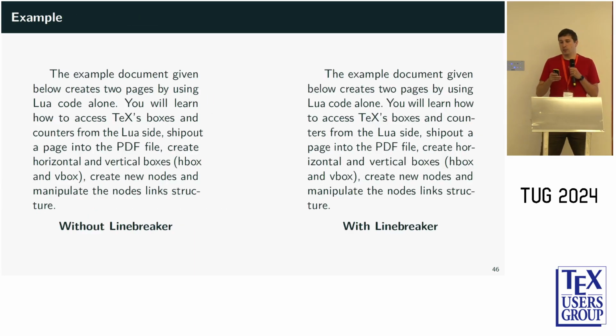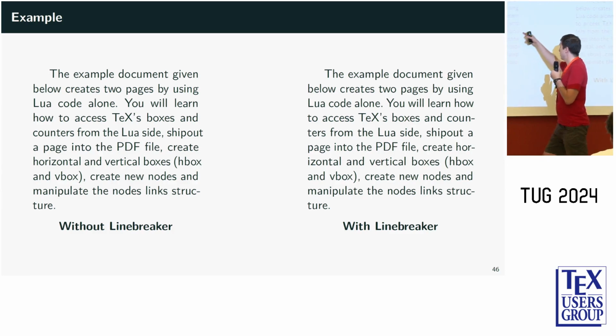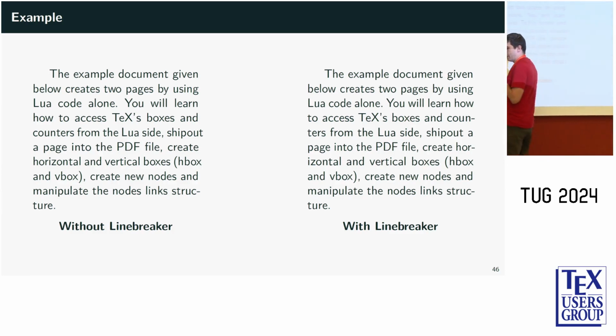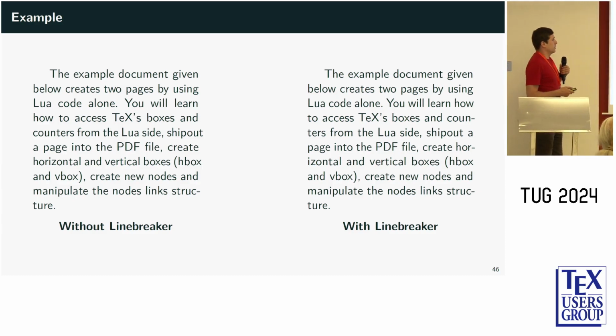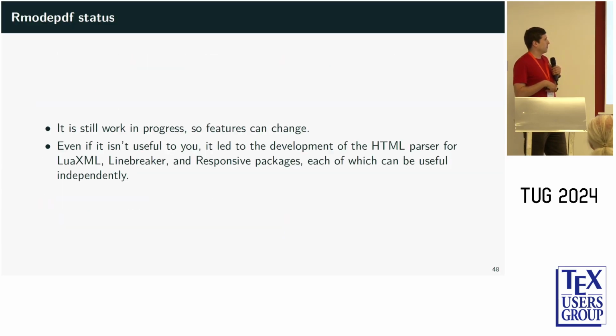And so here is an example on the left. You can see that there are some overflow lines, and linebreaker will prevent this. So this is an example, and it has some configuration values, and this is it.